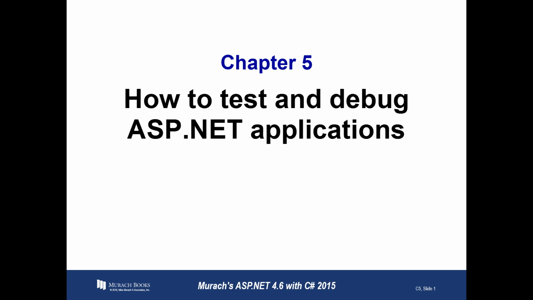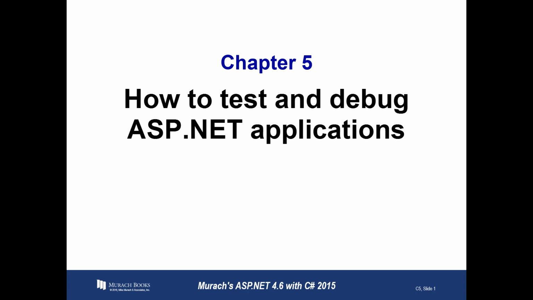In this chapter, Chapter 5, we learn how to test and debug ASP.NET applications. The idea is, after we complete these first 5 chapters, we'll be able to develop real-world applications on our own, albeit fairly simple applications. We should now, by the end of this chapter, have a solid understanding of how ASP.NET works.